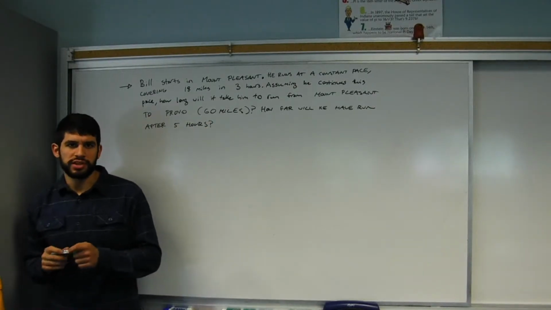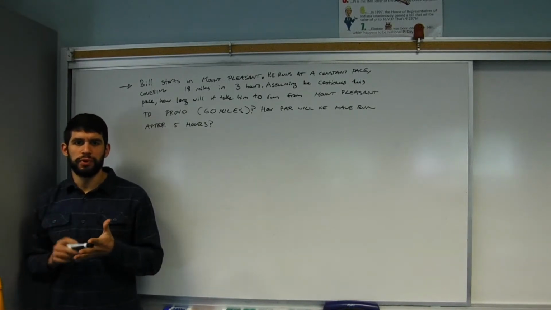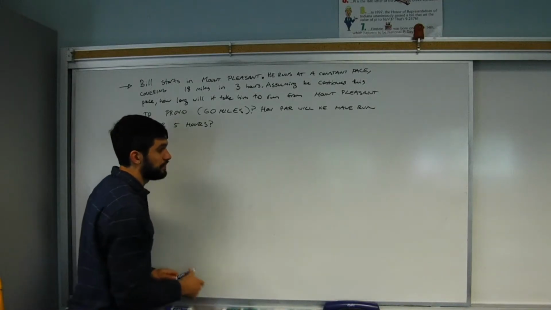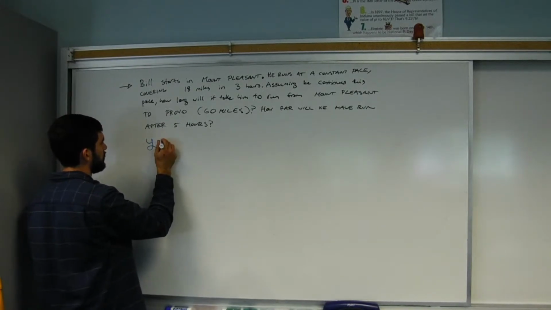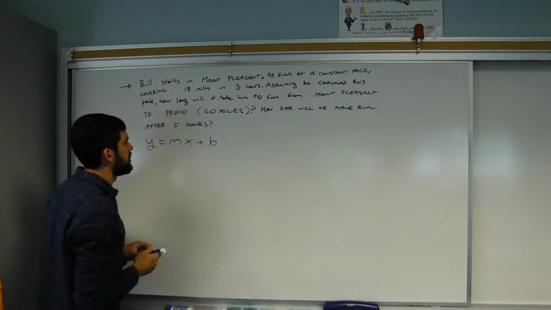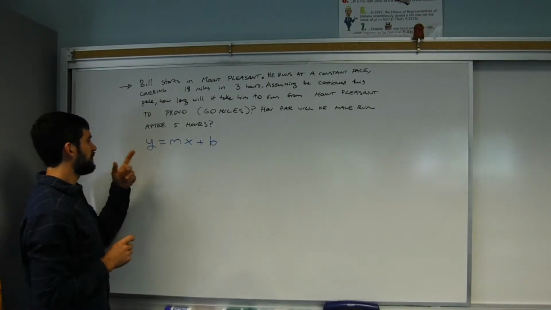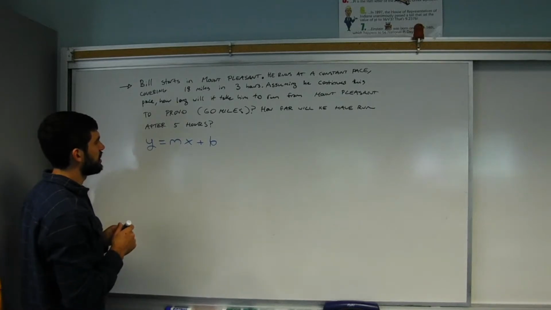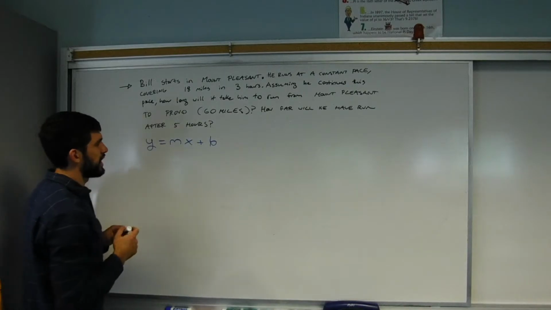Okay, so in this question we have a lot of information there, a lot of words, and we want to try to put it into a mathematical form that we can model it with. So, just like the last one, I'm going to try to put it into the form y is equal to mx plus b. So, if we want to identify our dependent variable, we want to think about what we're modeling that depends upon something else.